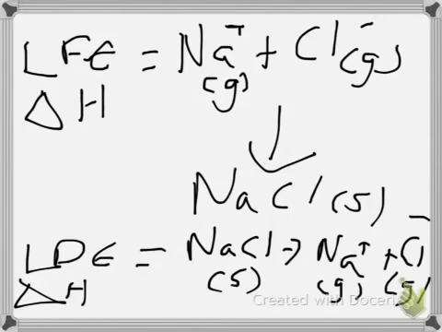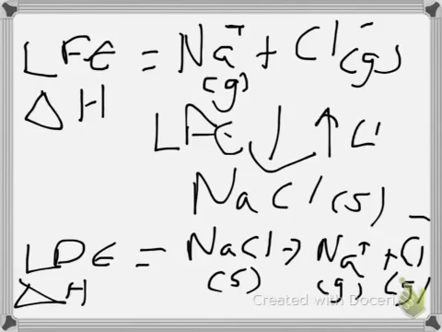Okay, so if we go in the forward direction, we've got a lattice formation enthalpy. And if we go in the reverse direction, we've got a lattice dissociation enthalpy. Okay, so we can look at these two different types of enthalpies, and we can look at the lattice dissociation enthalpy to explain why the lattice formation enthalpy is exothermic and therefore negative.